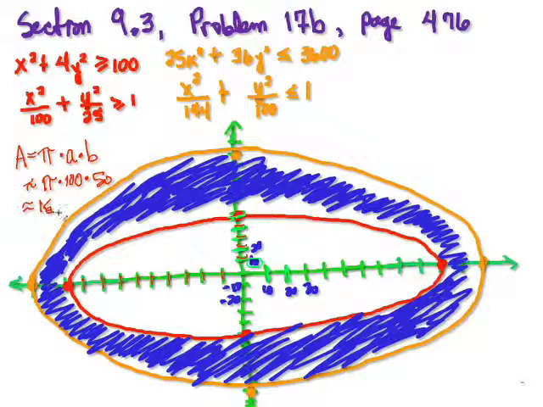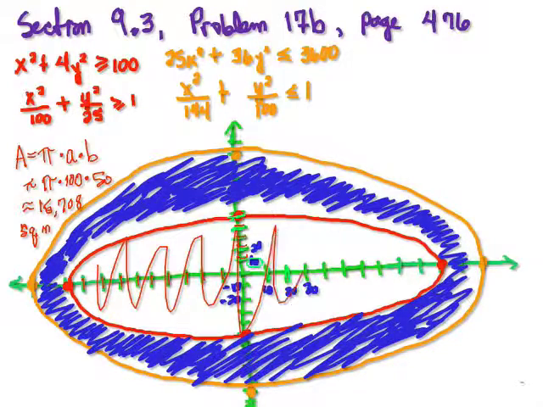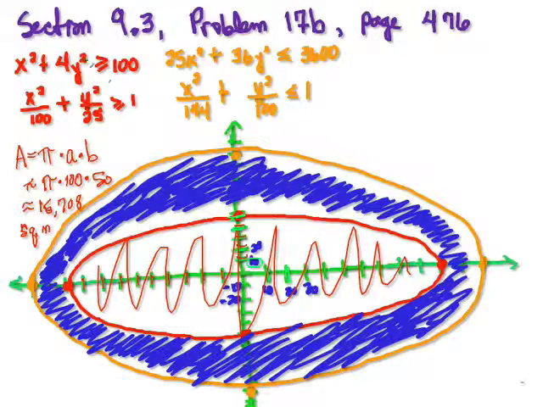And you could do that on your calculator. And remember, this is area, it's square meters. It's 15,708 square meters fit in this ellipse right here. Okay, that's the area of the red ellipse.